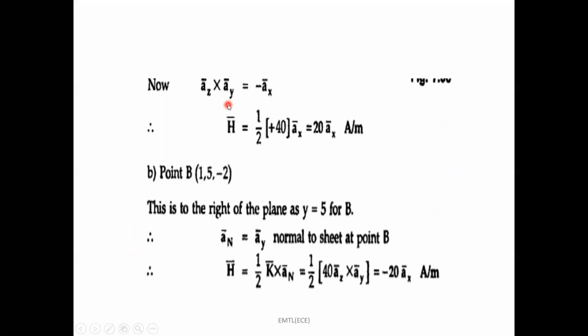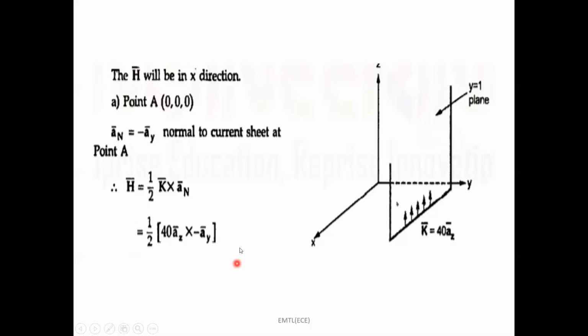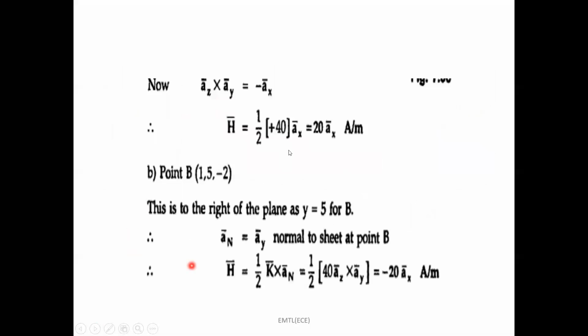According to vector identity properties, AZ bar cross AY bar is equivalent to minus AX bar. Here there is already a negative sign, so minus AX with minus gives plus AX.